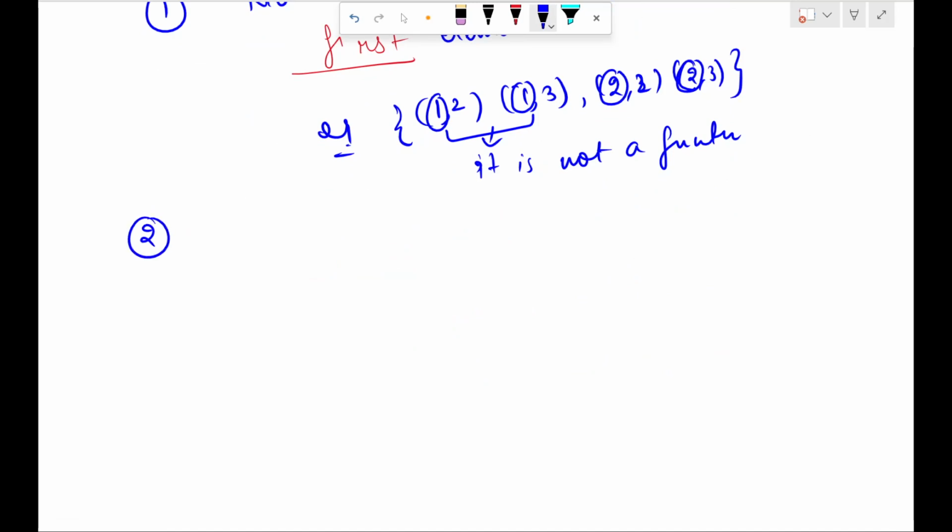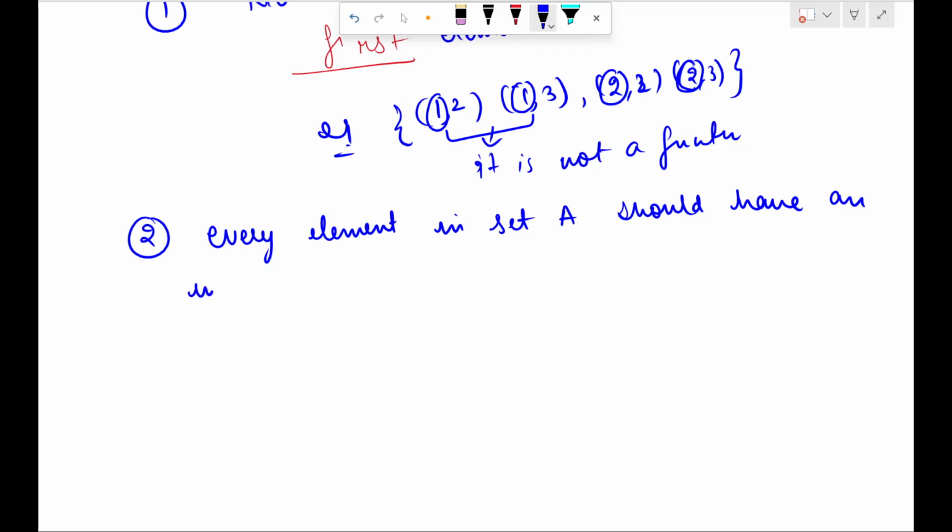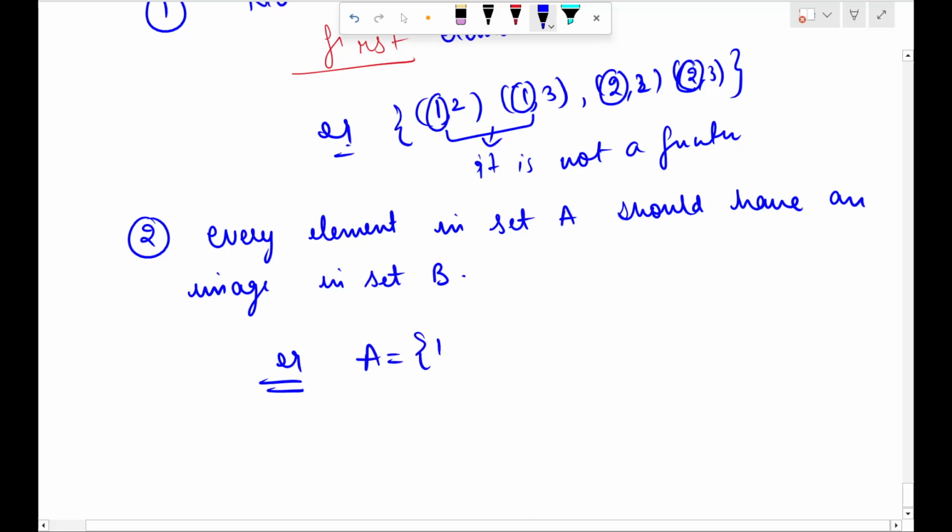Second, every element in set A should have an image in set B. For example, A is equal to {1, 2} and B is equal to {2}.